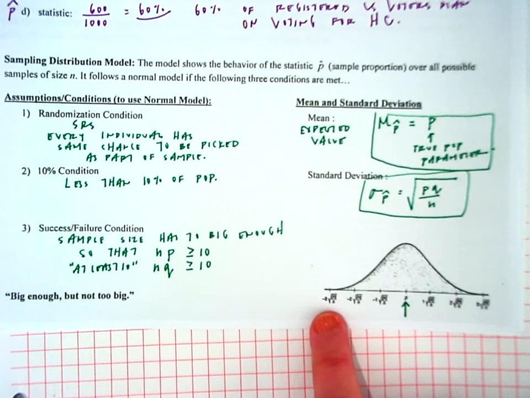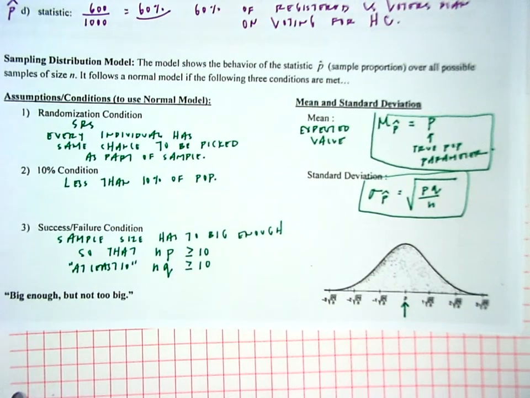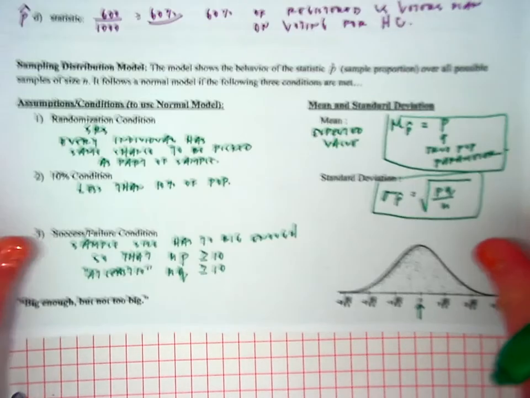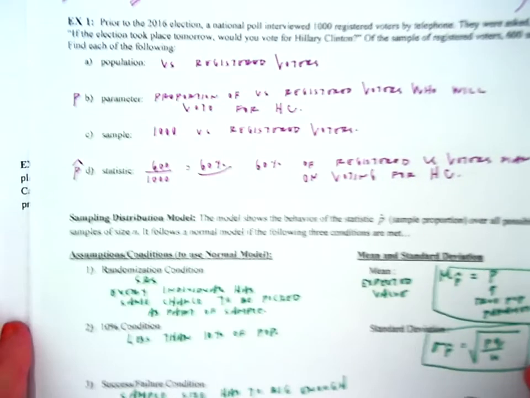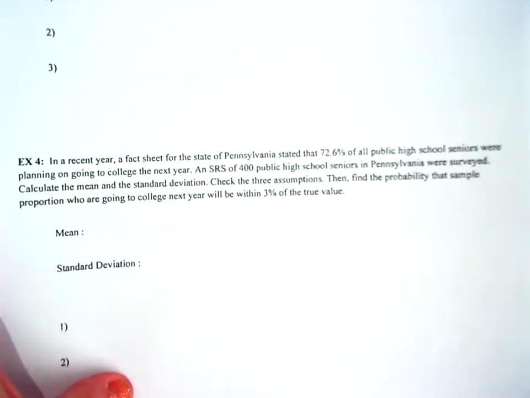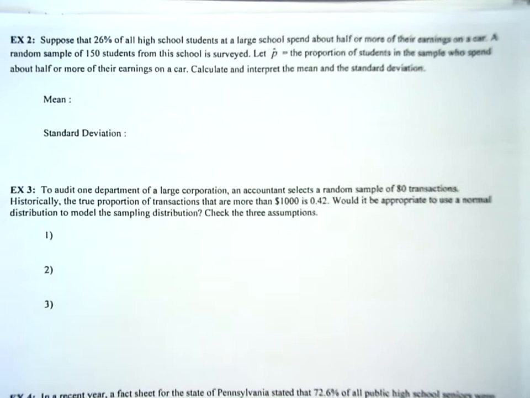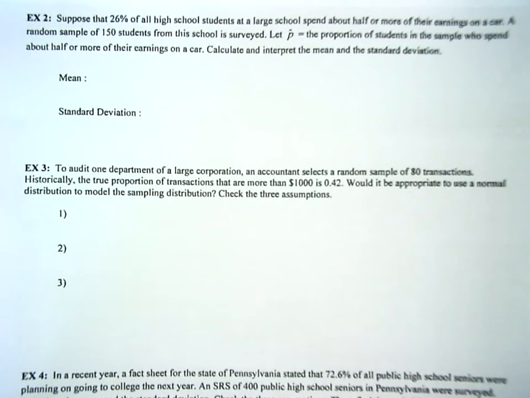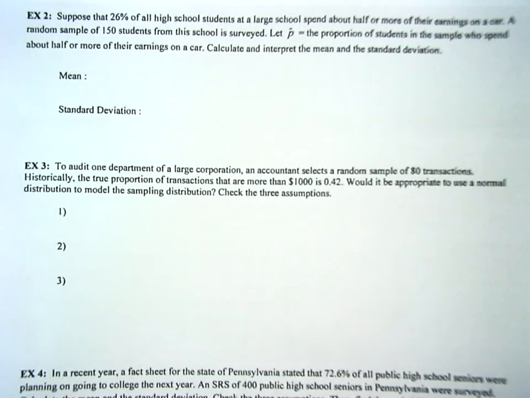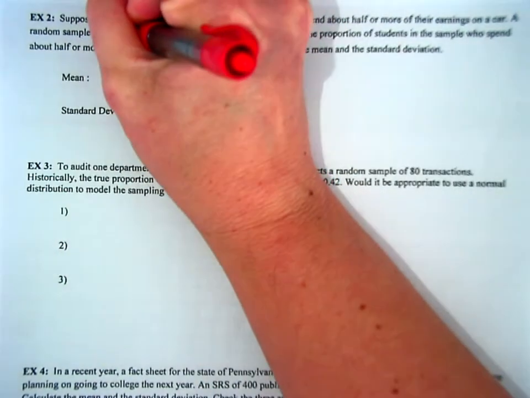Okay, suppose that 26% of all high school students at a large school spend about half or more of their earnings on a car. Just know that 26%, that figure, is talking about everyone.